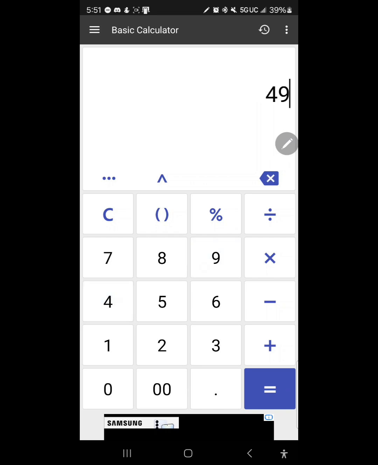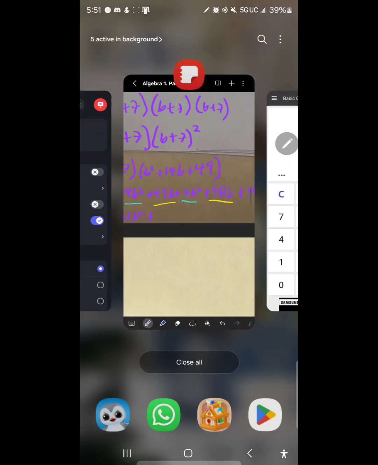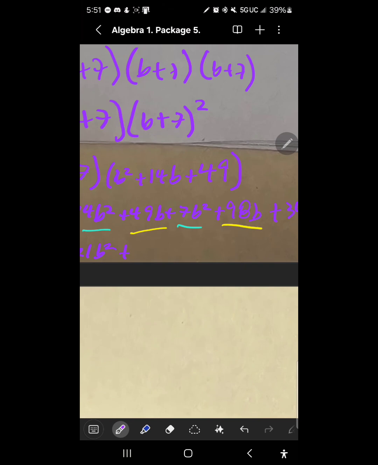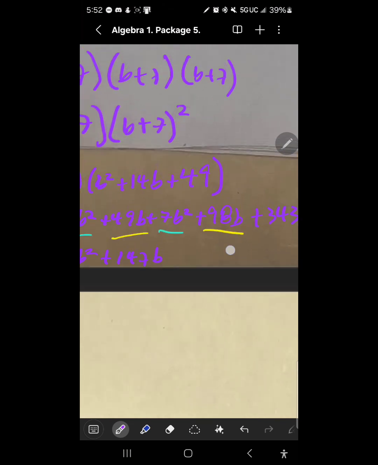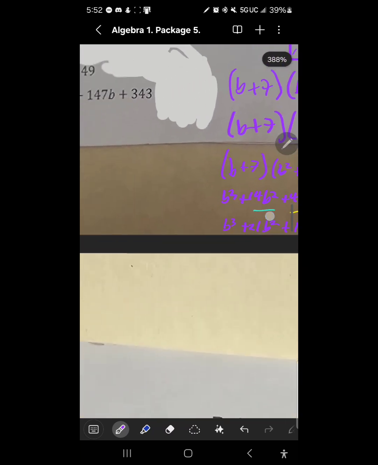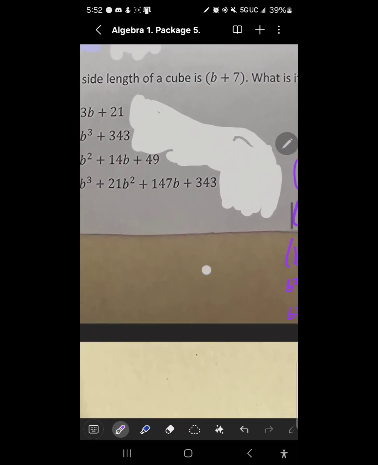Wait, what? 49 plus 98, yeah, it's 147. So 147b. And then we just give the 343. Now this is the result and it is option D.